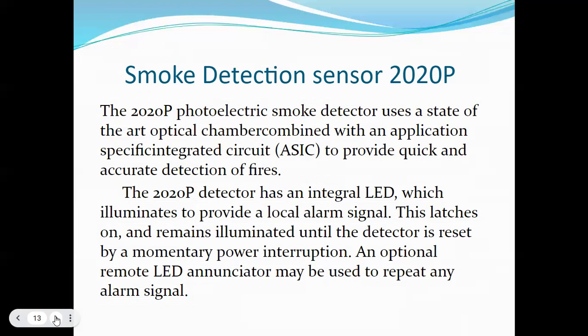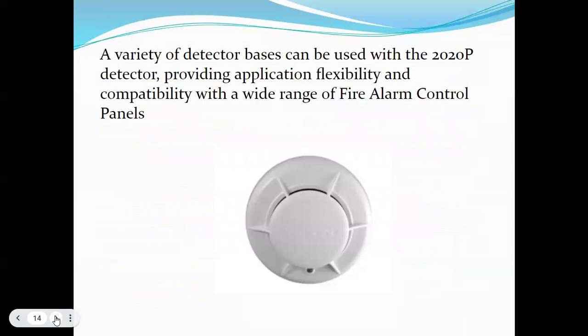This latches on and remains illuminated until the detector is reset by a momentary power interruption. An optical remote LED indicator may be used to repeat any alarm signal. A variety of detector bases can be used with the 2020p detector, providing application flexibility and compatibility with a wide range of fire alarm control panels.